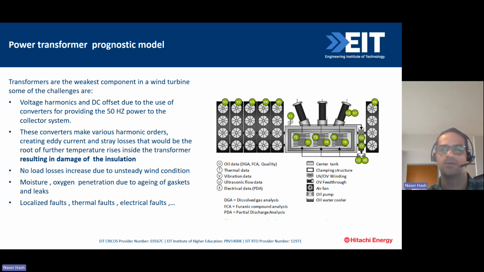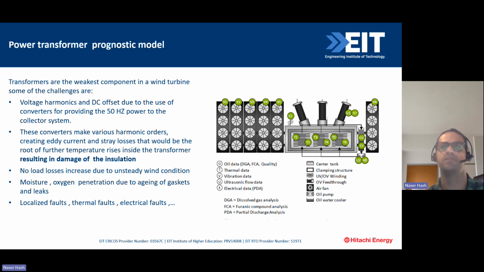So the insulation inside the transformers may fail, or degradation starts, putting the transformers at risk of short circuit, or there might be mechanical stress on the winding, or voltage transients, and then the transformers may fail. Replacing that transformer, specifically for wind turbines when it's offshore, is a huge cost.